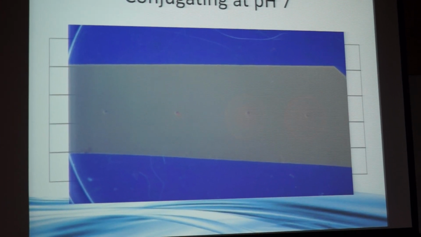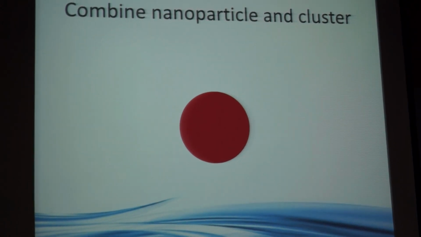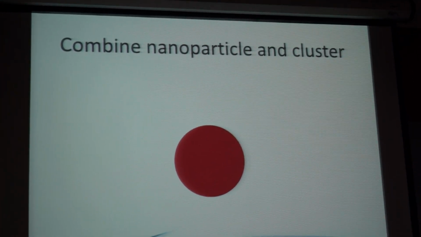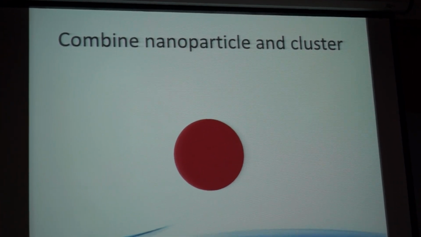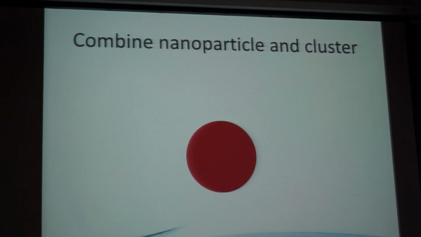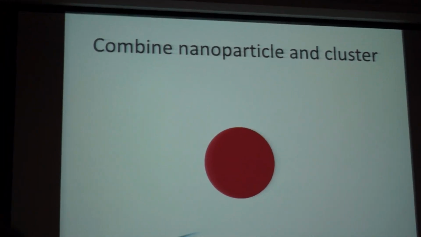So to make our experiment more specific, we want to use another way to combine nanoparticle and nanocluster. The reason we do this is because when we were searching for information, we found many papers about conjugating a nanoparticle, but only a few talking about conjugating a nanocluster.